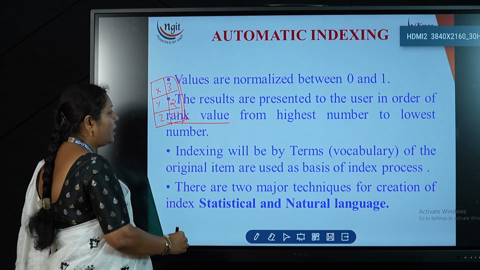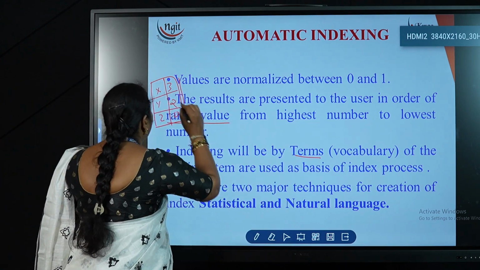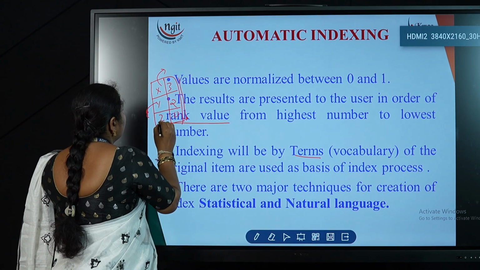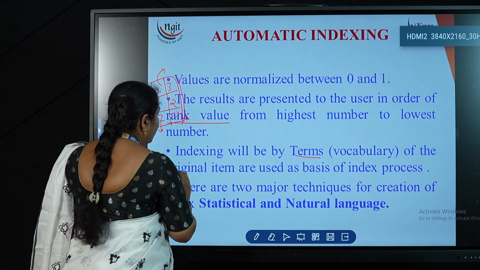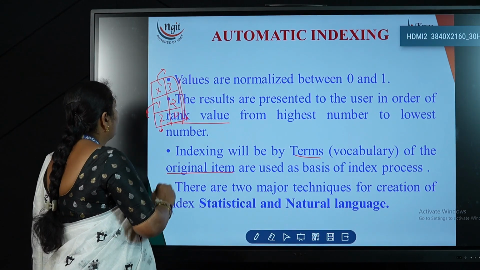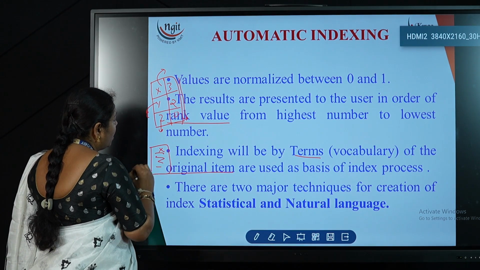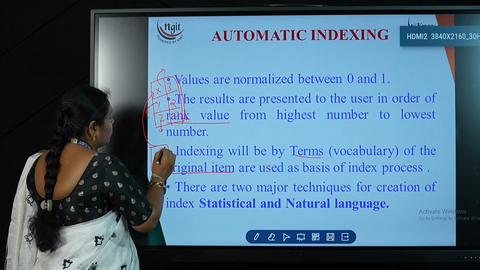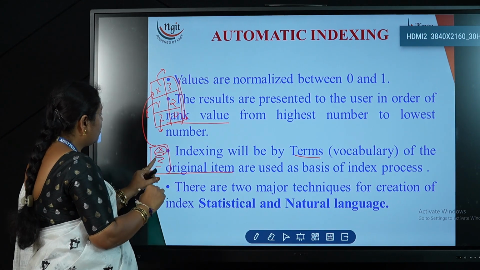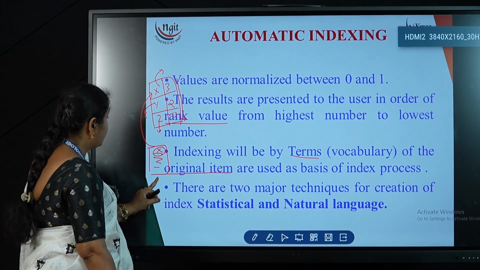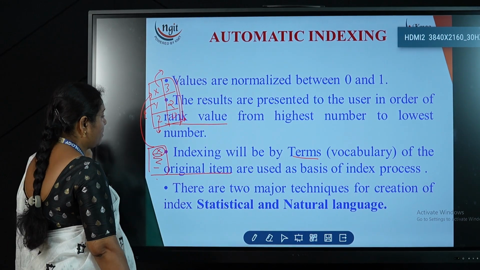Indexing will be by terms: x is a term, y is a term, and z is a term, and it will be an original item. If your document does not have x but I am mapping it here, then it is not an original term. So always remember, whatever terms are present in your document have to be indexed.